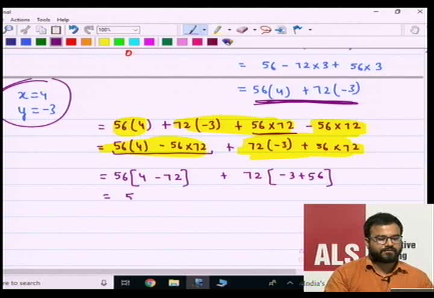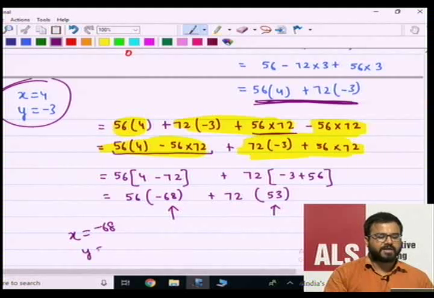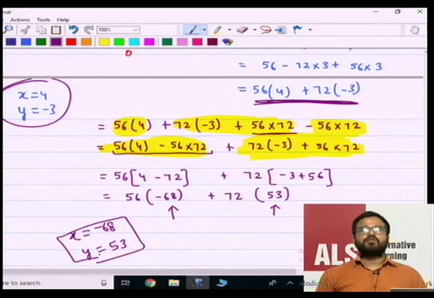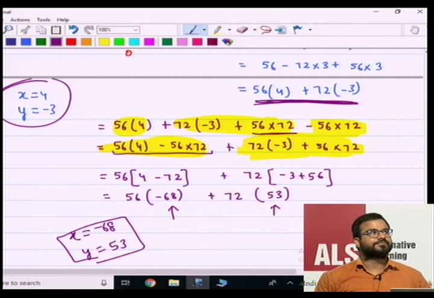So I will get 56 into minus 68 plus 72 into 53. So this is another set of values of x and y. So we can also say x can be minus 68 and y can be 53. This is another set of values of x and y which satisfy the relationship. That's why we can say these are not unique. Got it?